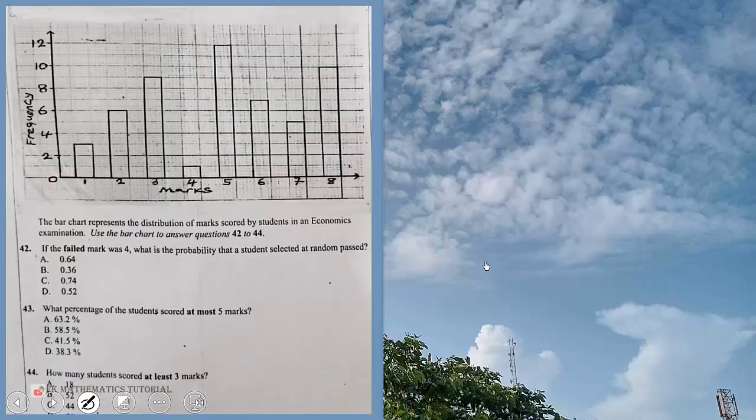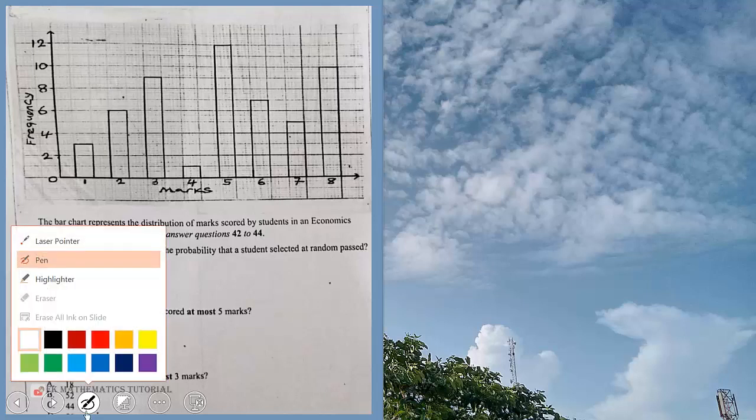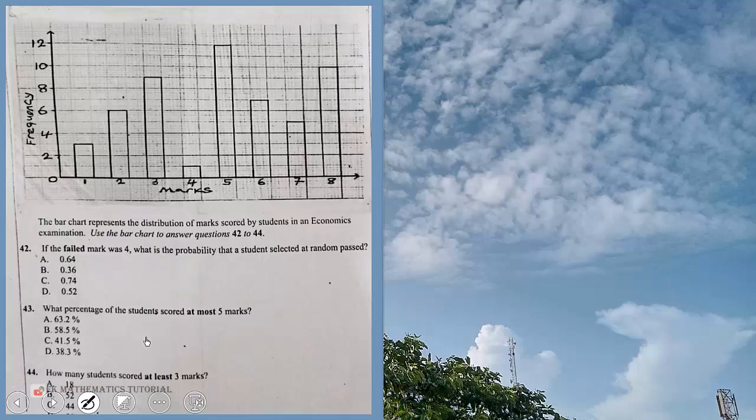The bar chart represents the distribution of marks scored by students in an economics examination. Use the bar chart to answer questions 42 to 44. So you need to get the frequencies here.